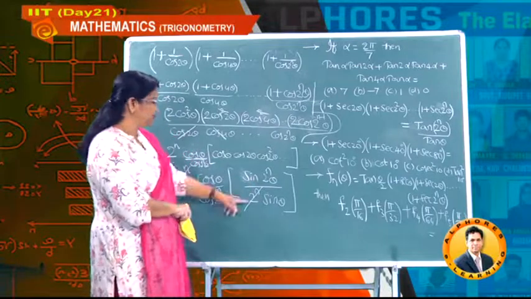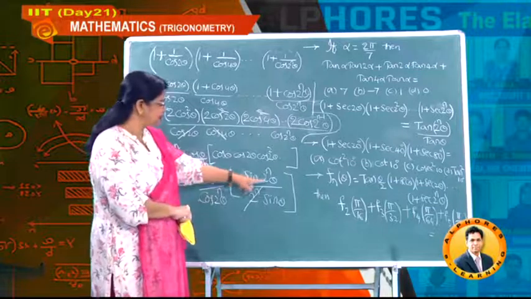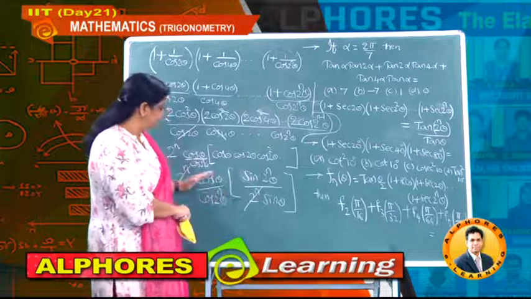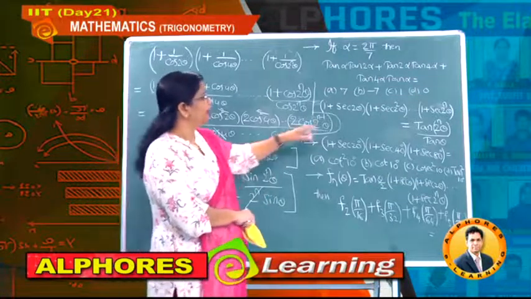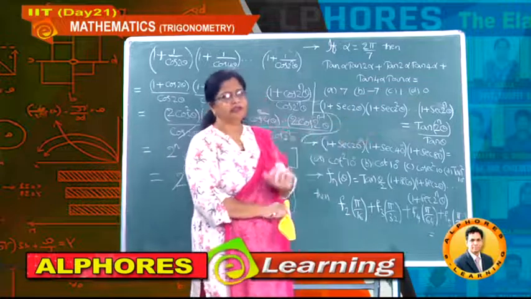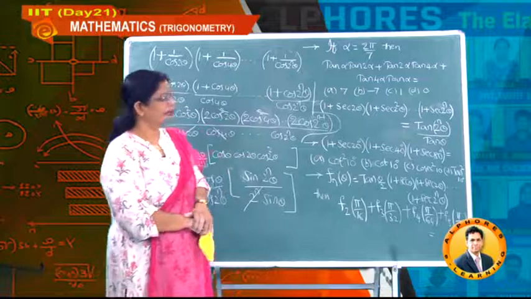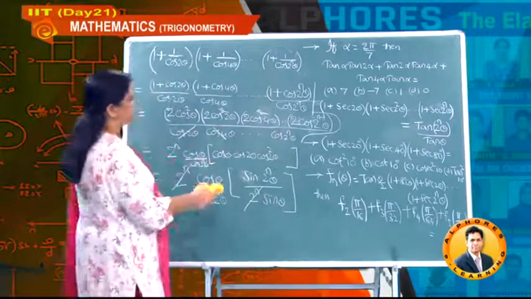Now 2^n gets cancelled. Sin divided by cos with the same angle 2^n theta will become tan. Again sin theta, if it goes to the denominator, it will become tan. That is why this entire problem's answer is this. So let us take this one as our formula. Basing on that, easily you can solve the other two problems.